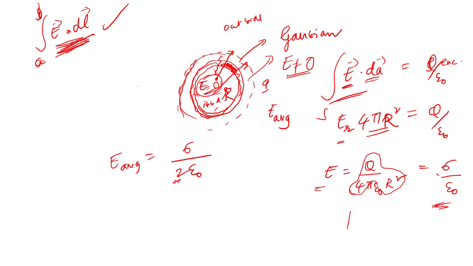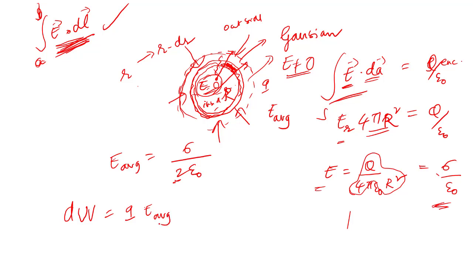So then if I want to know the work done, or the energy, in compressing the shell of radius r to r minus dr, then that would be equal to essentially the total charge times the average electric field.